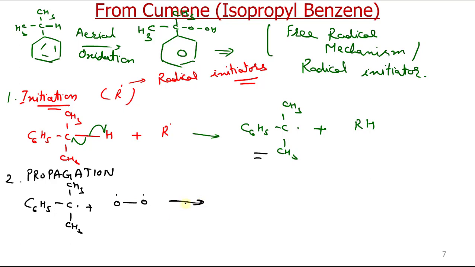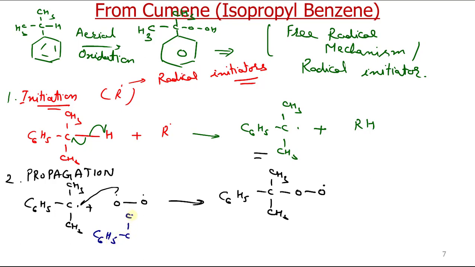Now they combine with one another, so we get C6H5, CH3, CH3, O radical.